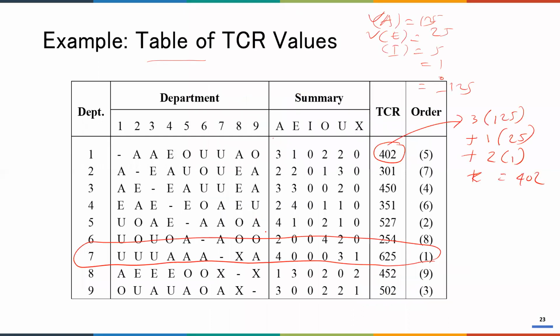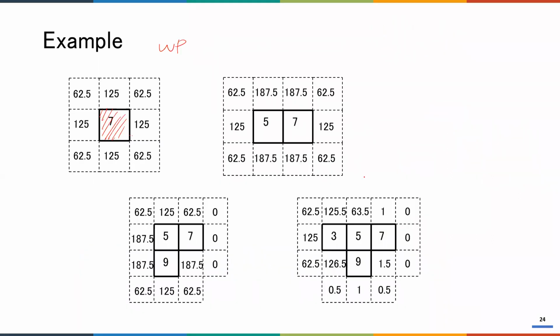Then we need to check the order, which one has the greatest TCR. In this case, department 5 has the better TCR, so we choose department 5 to be the next department to place. As we can see, departments 5 and 7 are absolutely important. So how we calculate is based on that.